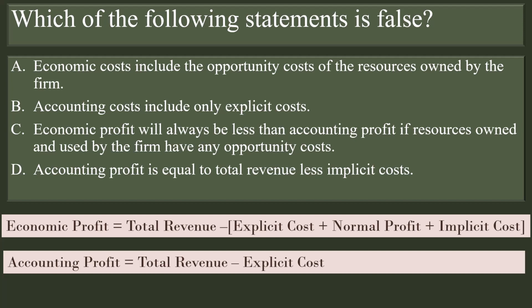Naturally, economic profit will always be less than accounting profit. So that statement is also correct. Accounting profit is equal to total revenue less implicit cost. This is wrong. To calculate accounting profit, you have to deduct explicit cost from total revenue. So, option D is the correct answer.